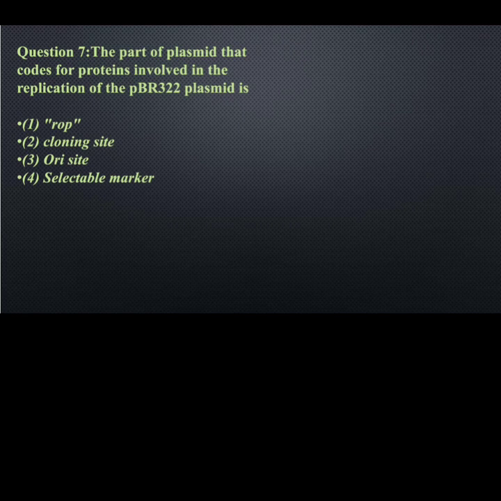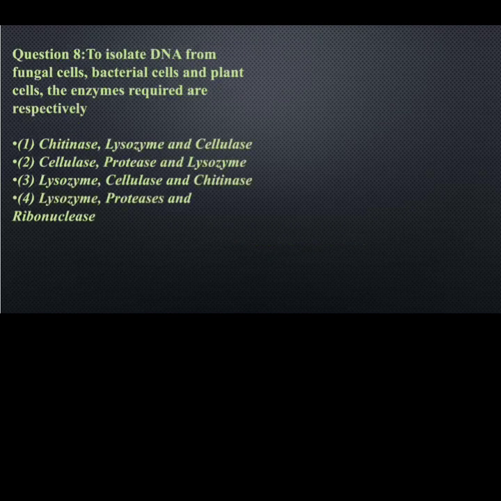Selectable markers are genes to select transformed cells, not directly involved in replication. So the correct option is ROP.